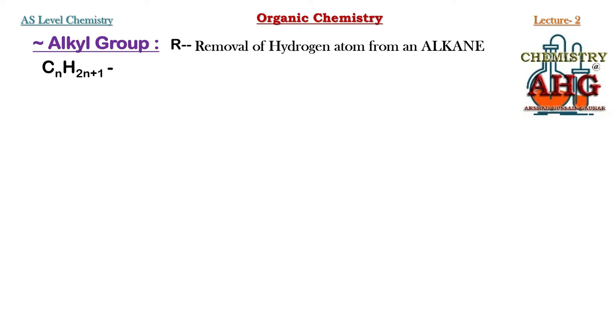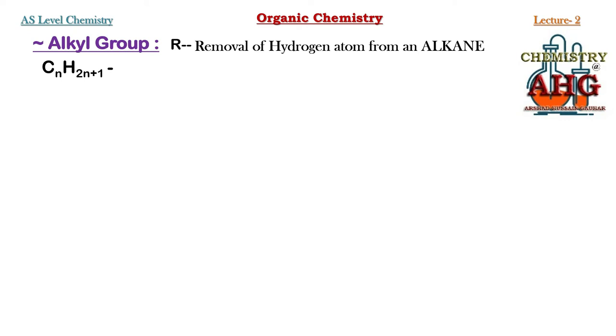Now how to get the name and molecular formula of different alkyl groups? If you just remember this general formula CnH2n+1, you can easily find the molecular formula of different alkyl groups. The simplest one: if an alkyl group has one carbon, what will be its molecular formula?